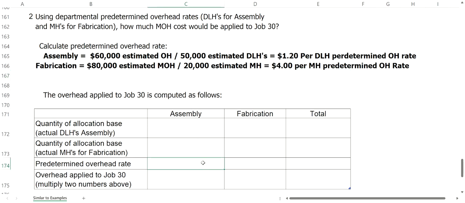So the predetermined overhead rate was already calculated at $1.20 per direct labor hour for assembly, so I'll fill that in, and $4 per machine hour for fabrication. Now what I need to do is go determine the actual direct labor hours for assembly.